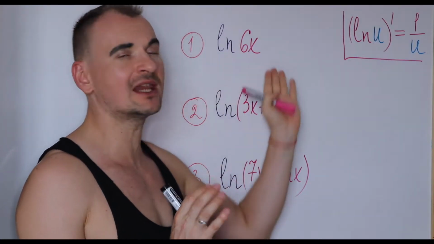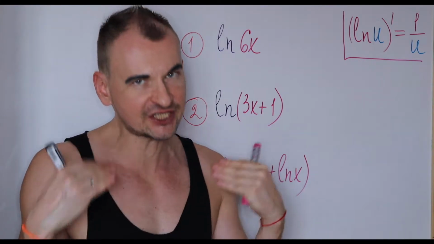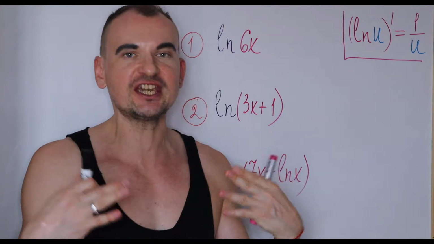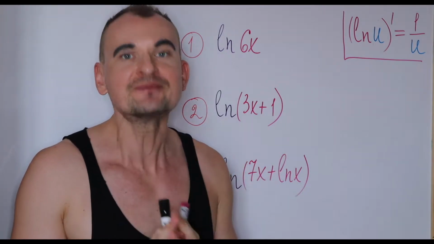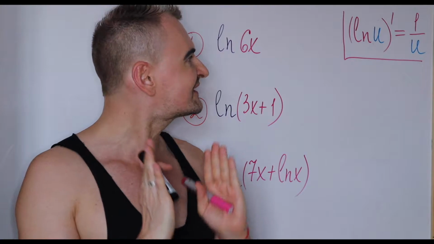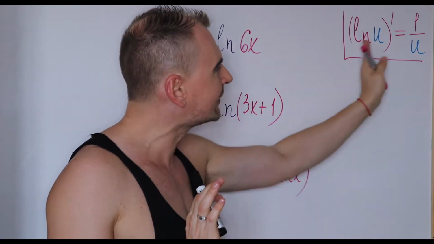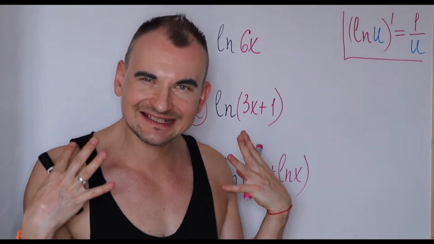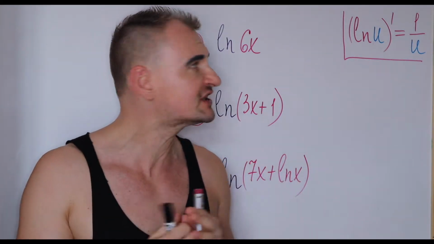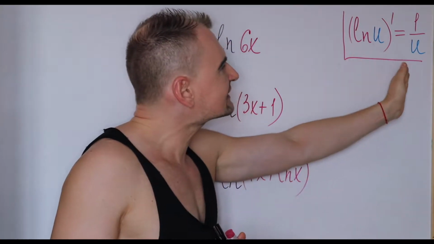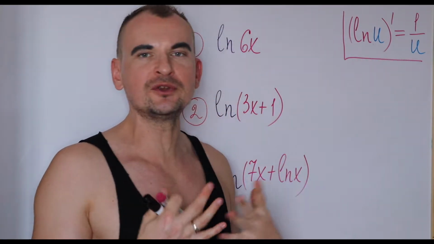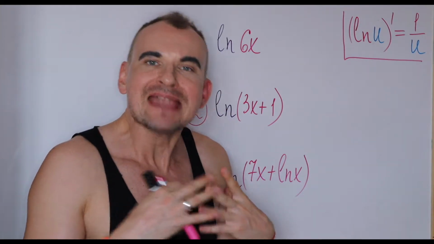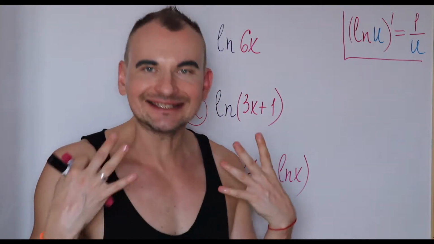Say you have been given ln of 6x and you need to find the derivative of this function, or in other words, you need to differentiate this function with respect to x. All you need to know is that the derivative of ln of u is 1 over u. This comes from the standard table of derivatives, and I'm using u in this rule to emphasize that u could be any expression containing x.